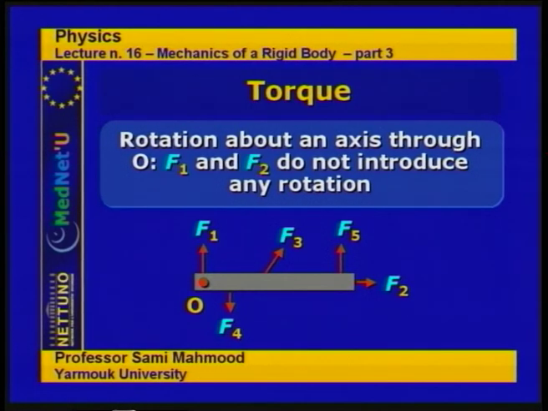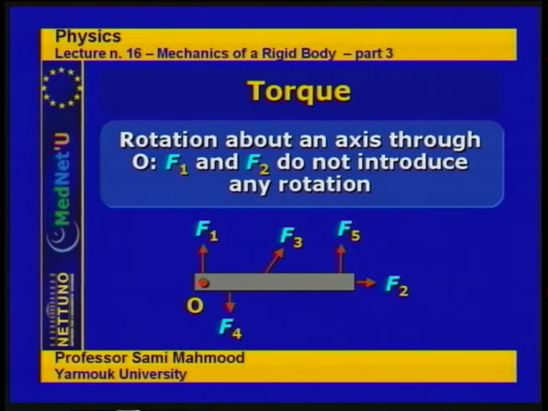For example, let's consider this case where we have a bar that is fixed at one end and the bar is free to rotate in a plane with respect to this fixed point.